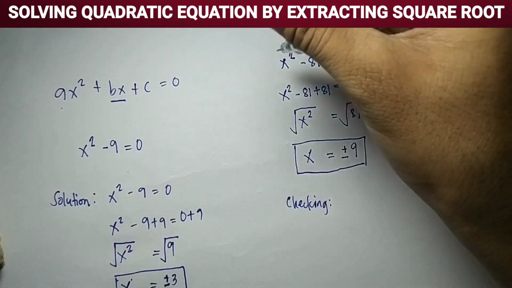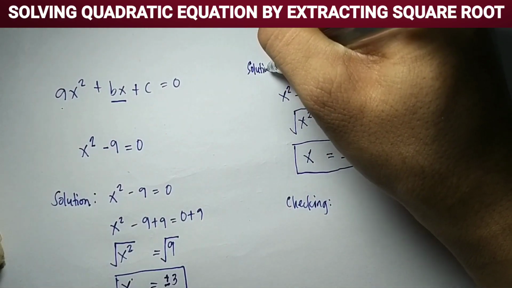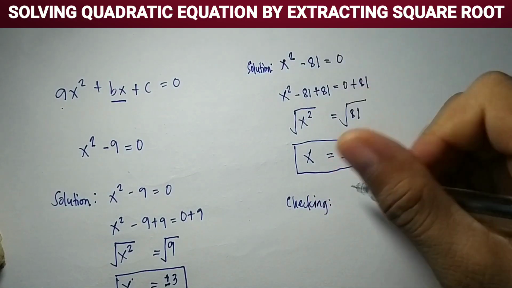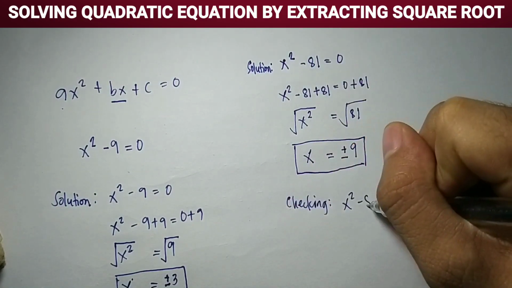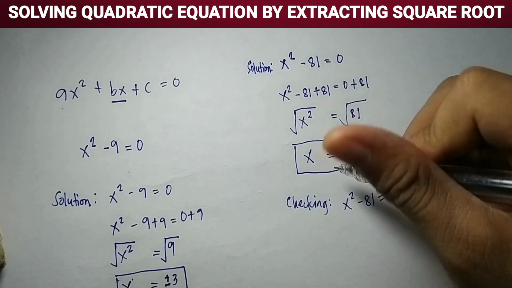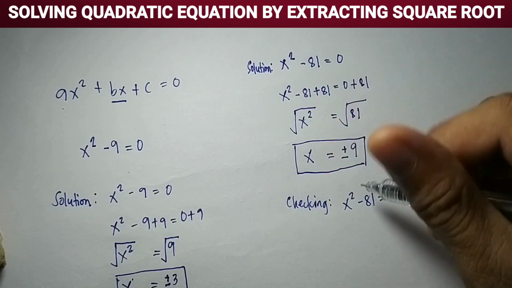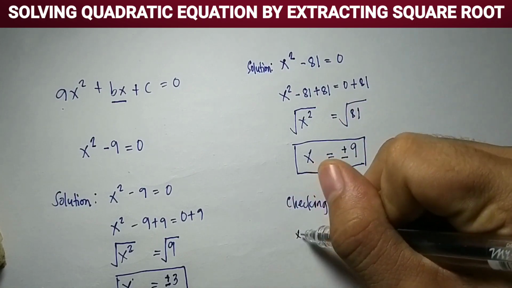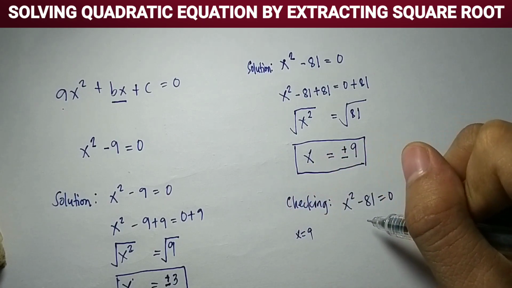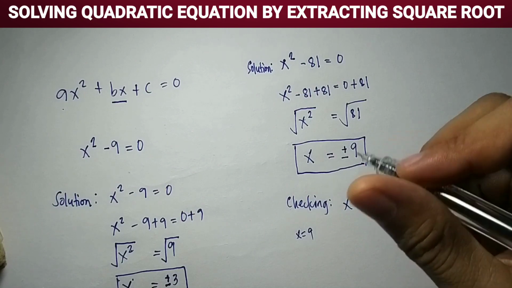Ako ning butang ang solution kay para mabalaan ninyo nga mauna ang pamaagi sa pag-solve nato, mao pa ni atong paagi sa pag-checking. So balik ta sa original nga given. X squared minus 81 is equal to 0. So testingan nato kung ang x nato is positive 9. When our x is positive 9, atong i-solve kung true ba nga positive 9 ang solution niya.